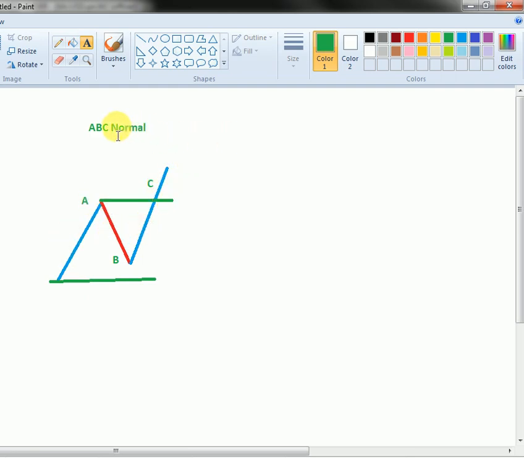For the ABC normal setup, we must wait for the price to come back to the B zone for B entry. Here is the biggest B area, starting from here until here.